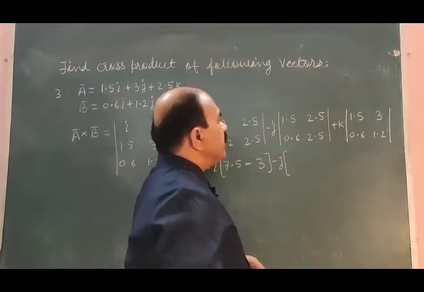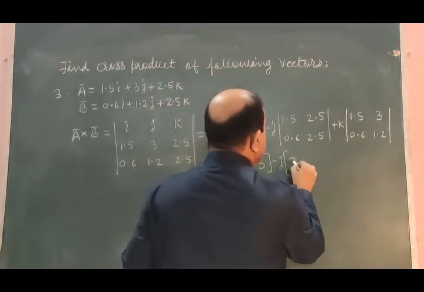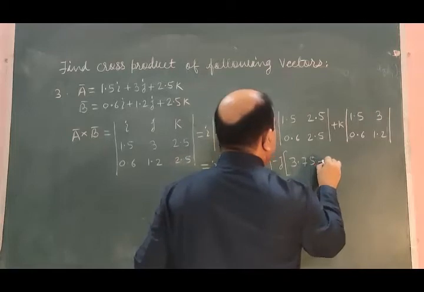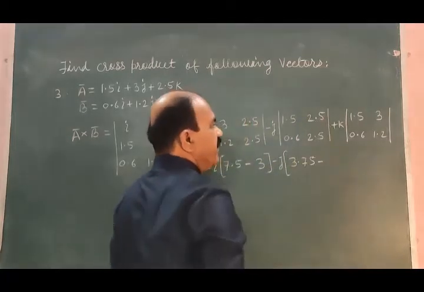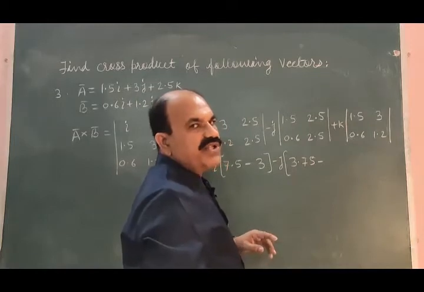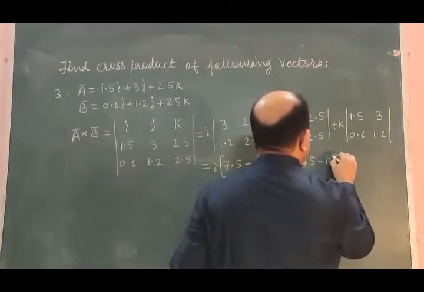So it will be 250 plus 125, that is 375, that is 3.75, minus 25 6s are how much? 150, that is 1.5.